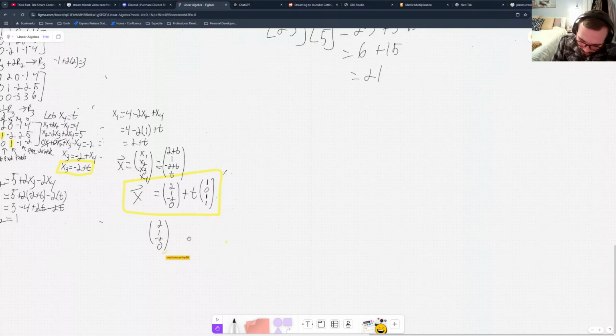And then we can add any number of these vectors forever. We could also subtract any number. You get what I'm saying here?